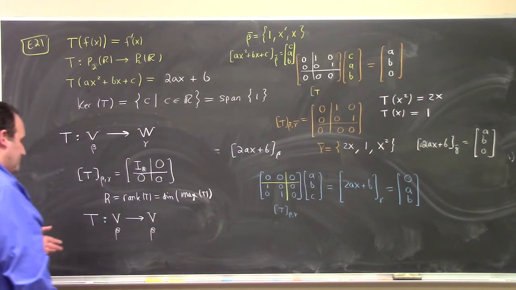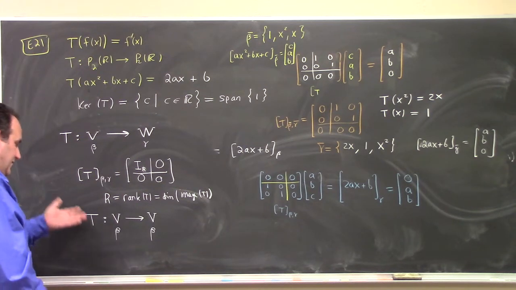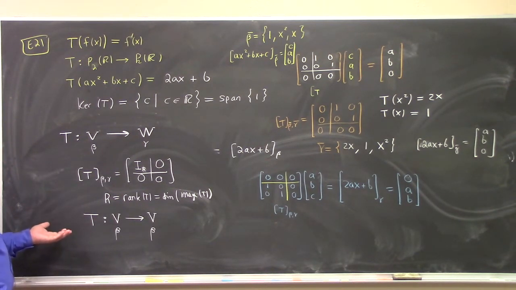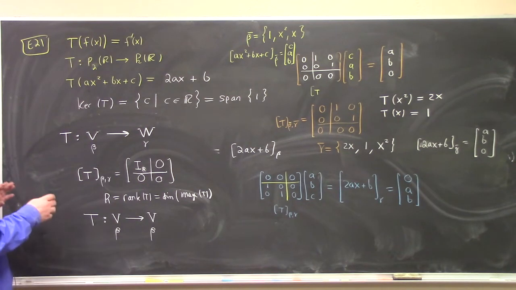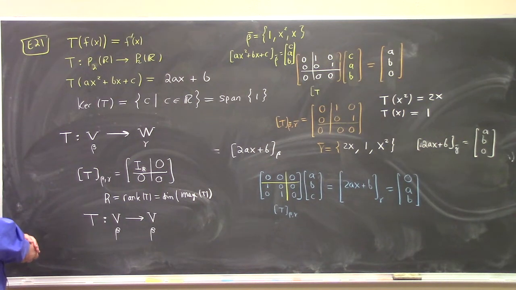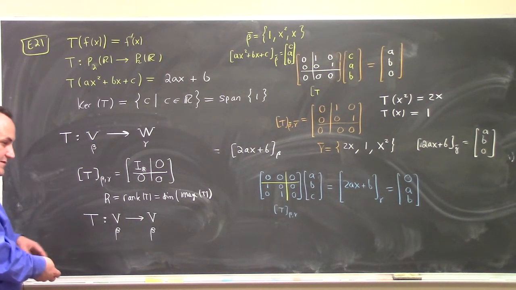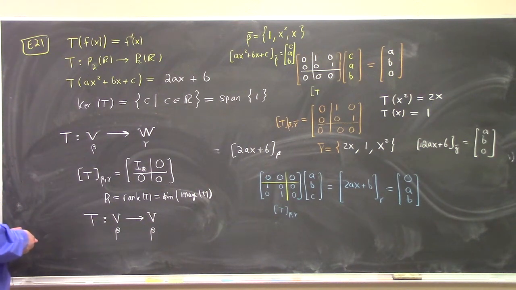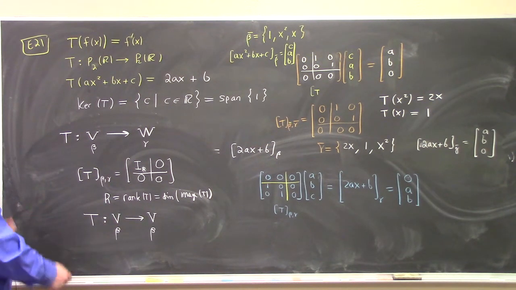And then the question is, how do you look at a linear transformation V to V, and if you're going to pick a basis, how do you discover the quintessential form of the linear transformation? How do you decide whether, if you have two linear transformations, say T1 and T2, both from V to V, they're really the same transformation, just perhaps using a different ordering of the basis or something?